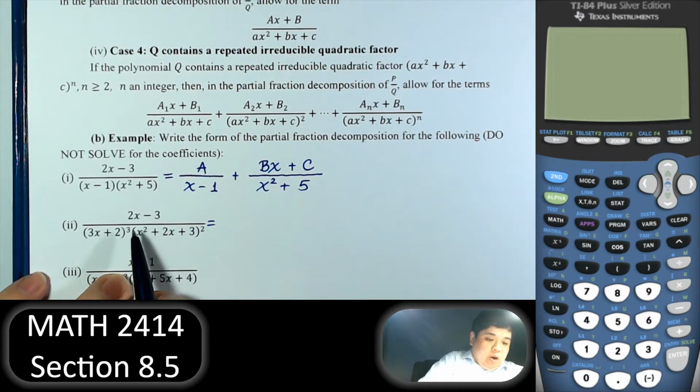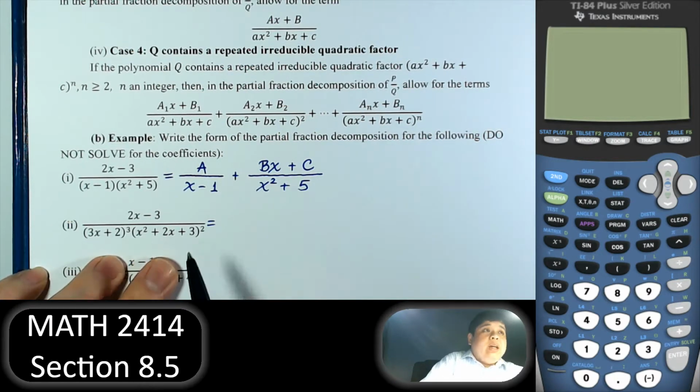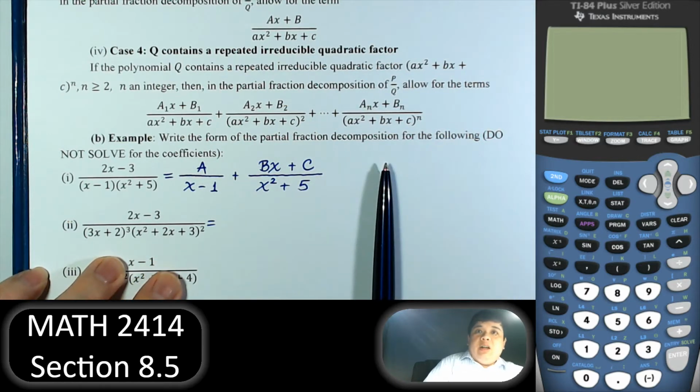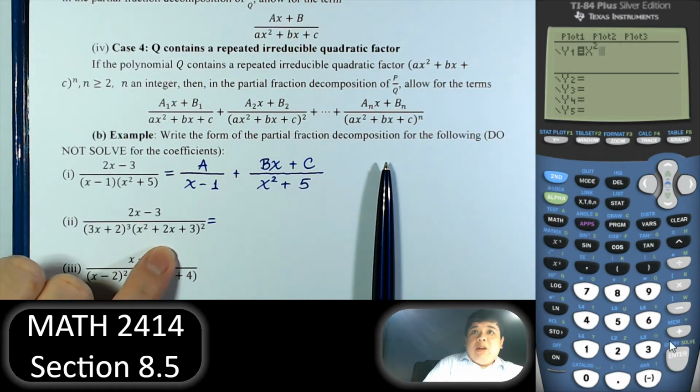Next, we look at this. x squared plus 2x plus 2 is irreducible, it cannot be factored any further. x squared plus 2x plus 3, that cannot be factored any further either. The way we can verify that is if we graph the quadratic function, x squared plus 2x plus 2, and if we see the graph like this, there is no real solution, so it cannot be factored.